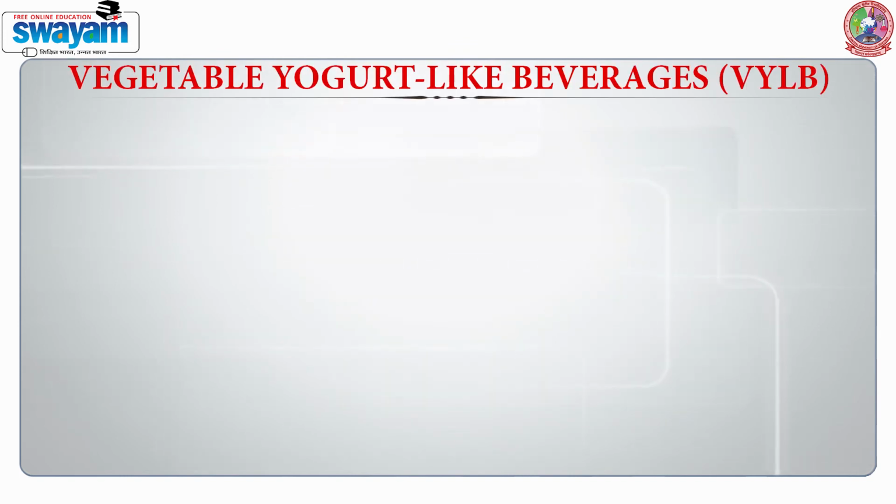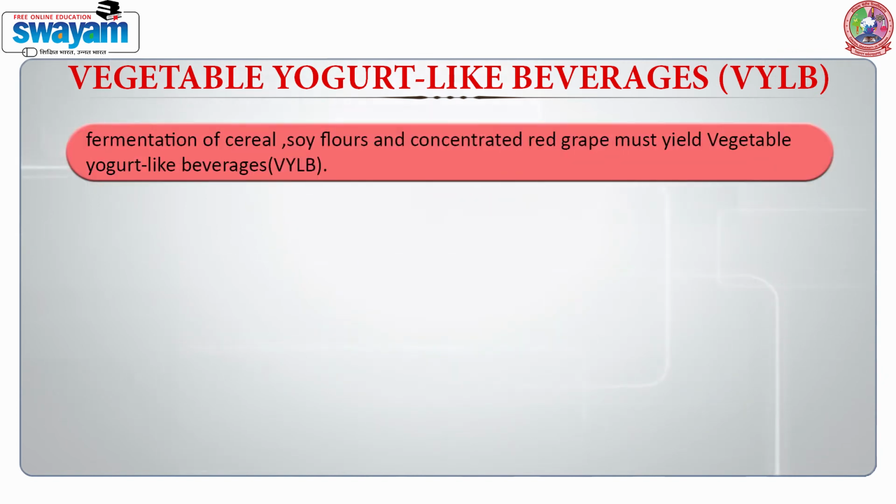There is another category of beverage which is known as vegetable yogurt-like beverage, abbreviated as VYLB. It is produced as a result of fermentation of cereals, soy flour, and concentrated red grape must.